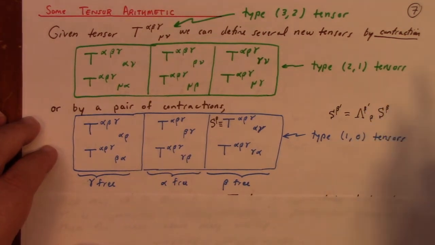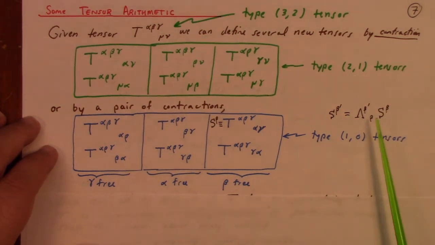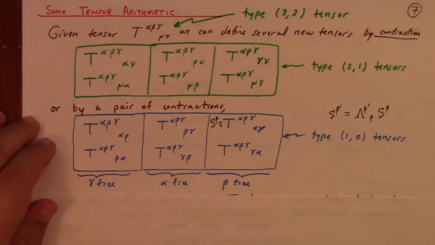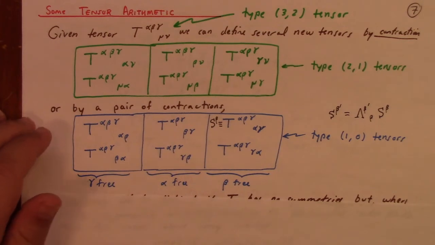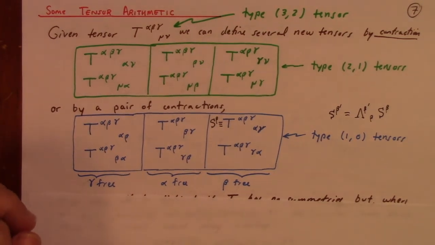It would transform as a type 1,0 tensor, right? And similar comments apply up here. I haven't proved that, I'm just claiming it's true, although I think I've given you enough formulas you could prove it. That sounds like a homework problem.